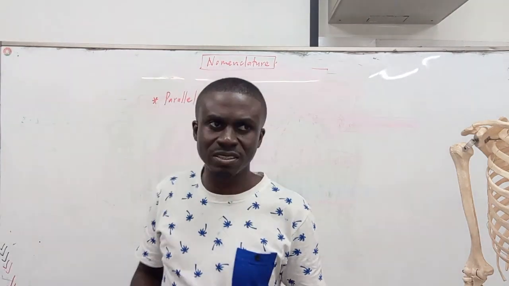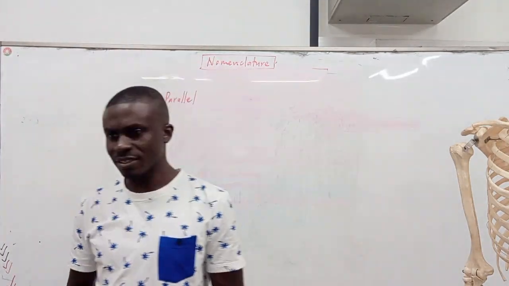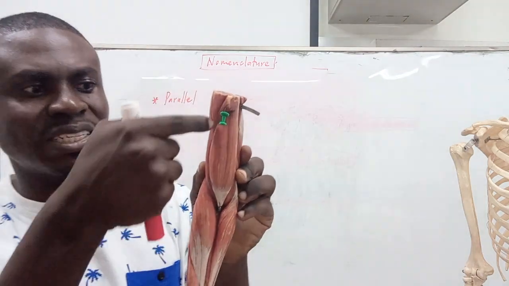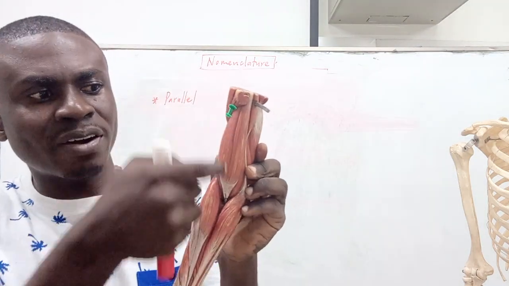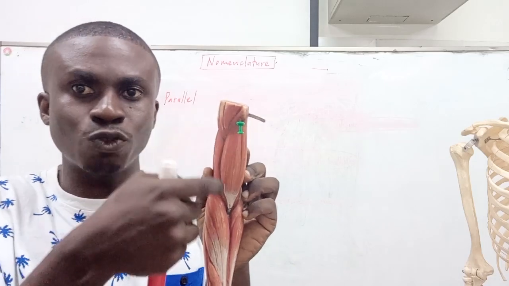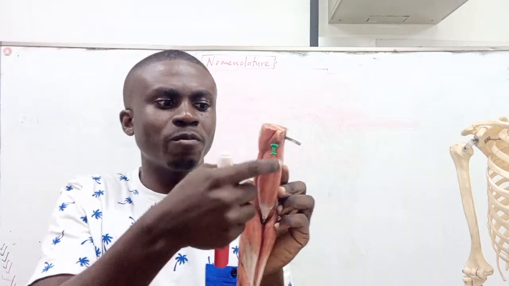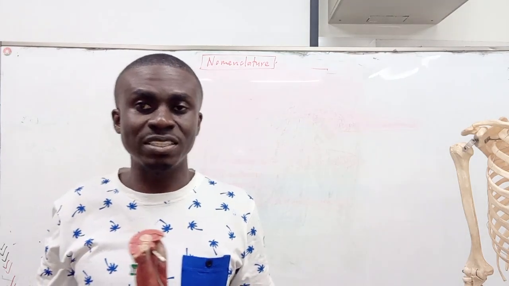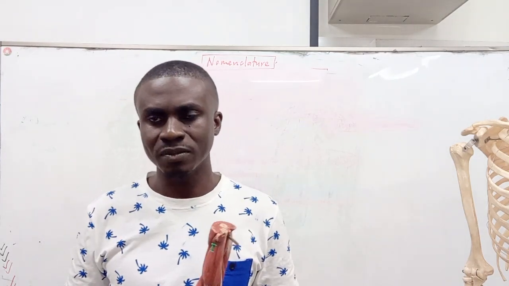How do we see them? If you take a closer look at this muscle, you can see that the fibers are running parallel to one another. Biceps brachii muscle. You get what I'm trying to say? So in this case, parallel.